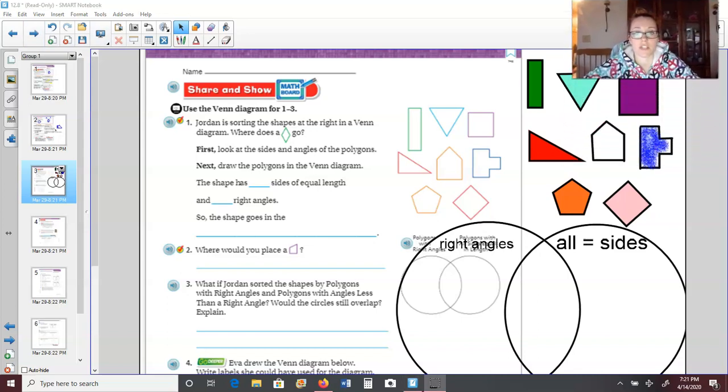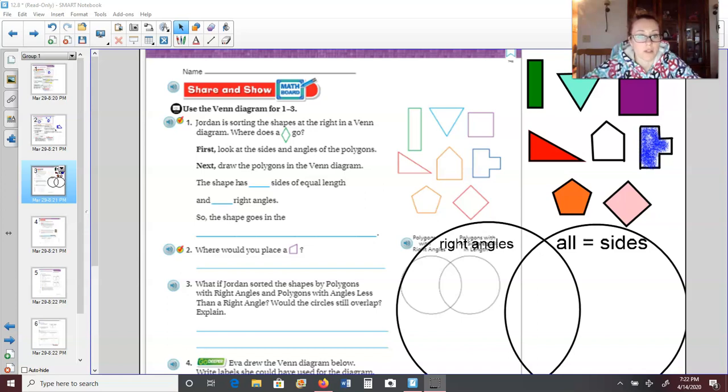The share and show wanted us to look at these 8 shapes off to the right of the page. Jordan is sorting them into the Venn diagram, and we need to figure out where the shapes would go. So I recreated the shapes over to the right-hand side of my screen so that I can move them.